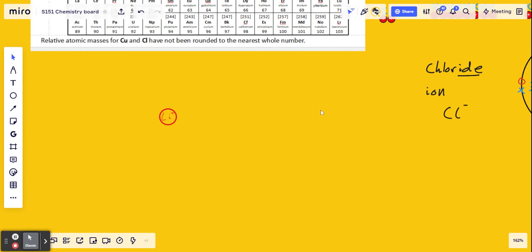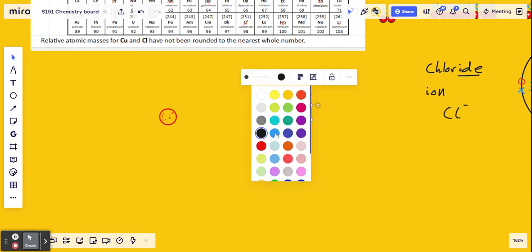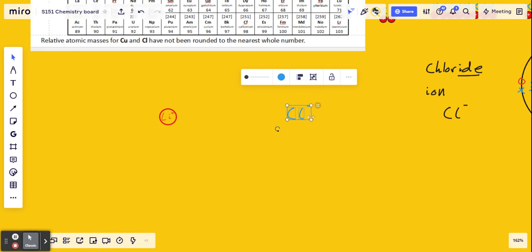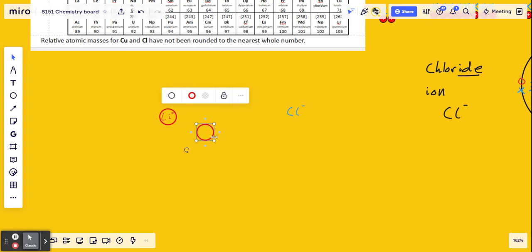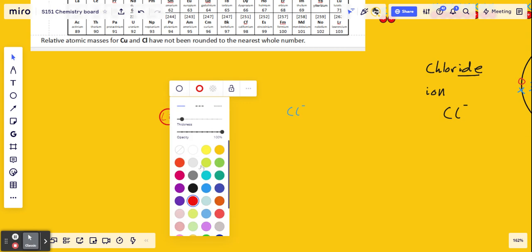And we'll do a similar thing with our chloride ion. We'll make it blue. I tend to do negatives as blue and positives as red. I think that's what many textbooks will do as well. Let's copy that and make it blue.